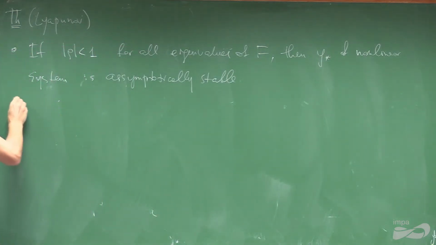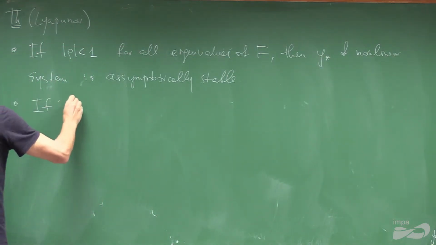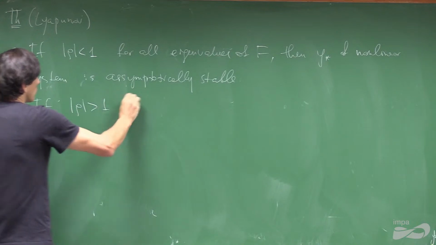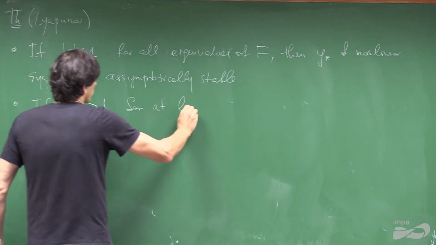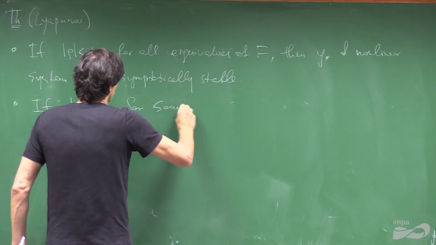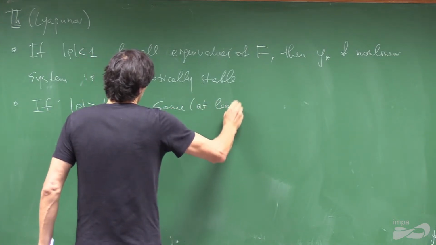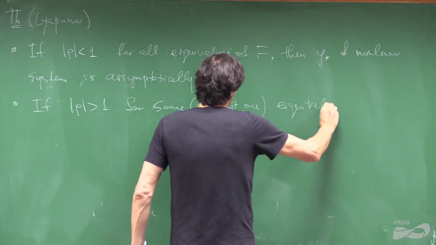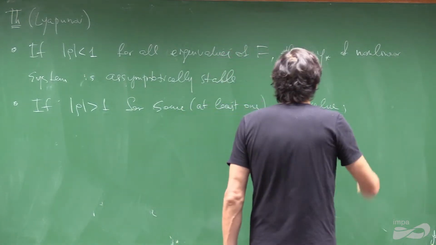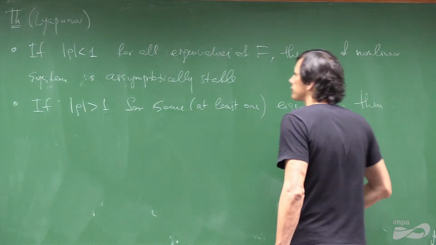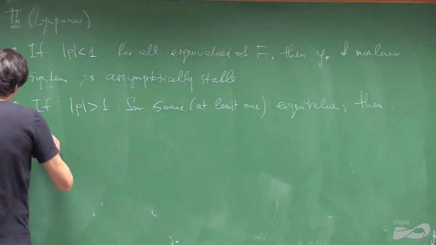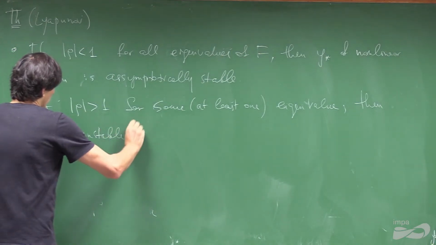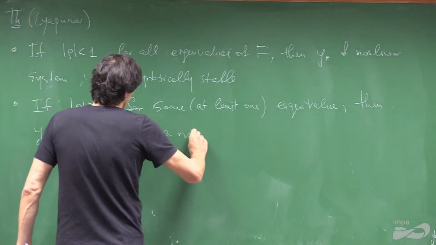And the second is that if the absolute value is bigger than 1 for at least one eigenvalue, then Y star is unstable for the nonlinear system.